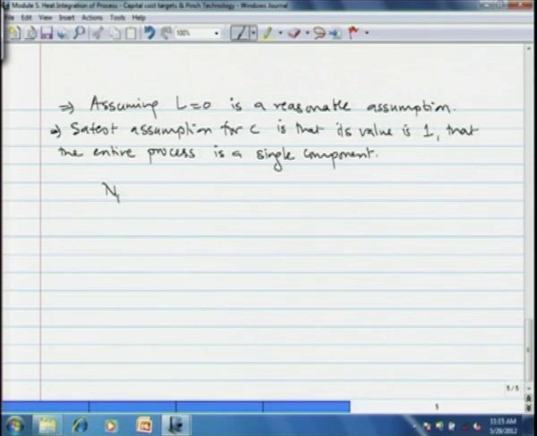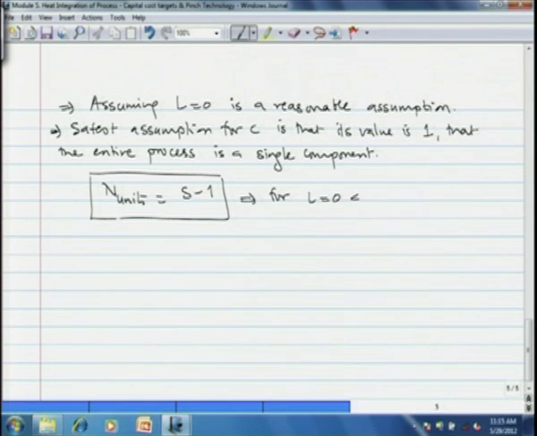The number of units becomes equal to S minus 1 for L equal to 0 and C equal to 1. So, the minimum number of units required in a heat exchanger network is 1 less than the number of streams in that particular network.